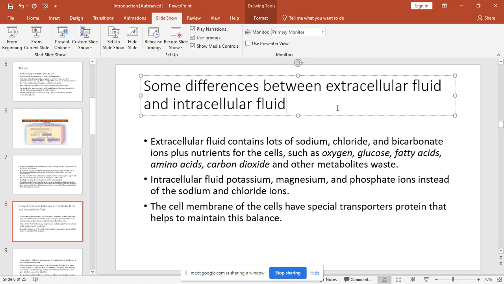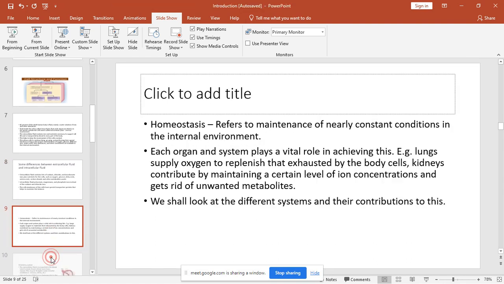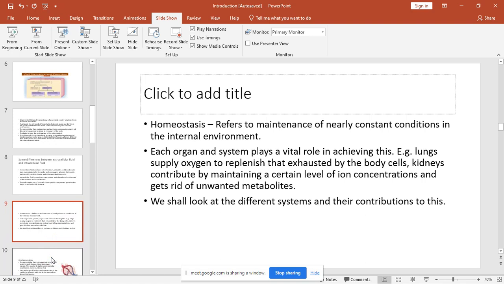Okay, moving on. We've already talked about this state of keeping a constant environment, which we said is referred to as homeostasis. We can give some examples of the different body organs and systems that help to keep this constant environment.